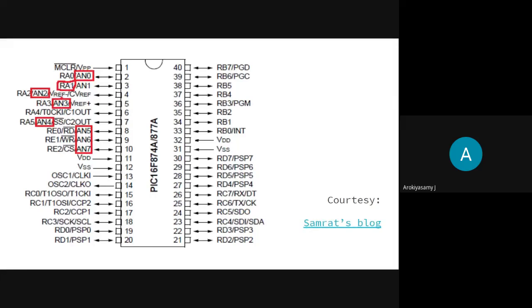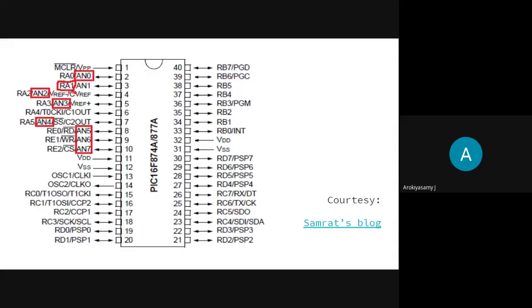And this one, AN2, in the adjacent is written V reference, the reference voltage. For functioning of the analog to digital converter, we need a constant reference voltage.